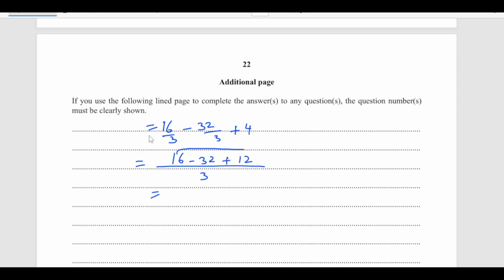So 16 plus 12 is 28, minus 32 over 3, it is negative 4 over 3. So that means our value of m is negative 4 over 3.